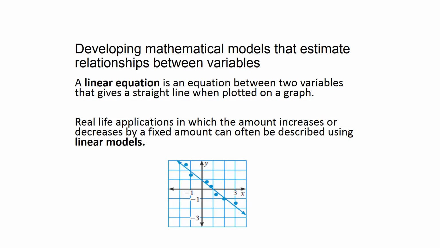So developing mathematical models that estimate relationships between variables. A linear equation, linear means line, is an equation between two variables that gives a straight line when plotted on a graph, right? So if we hear the word nonlinear, it means not in a straight line. Real-life applications in which the amount decreases or increases by a fixed amount can often be described with these linear models, right?